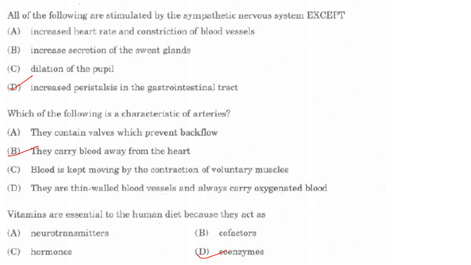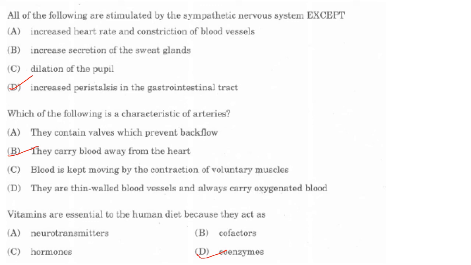That is correct. Blood is kept moving by the contraction of voluntary muscles. No. They are thin-walled blood vessels and always carry oxygenated blood. They do not always carry oxygenated blood, except the case of pulmonary artery which carries deoxygenated blood. So answer B is correct.